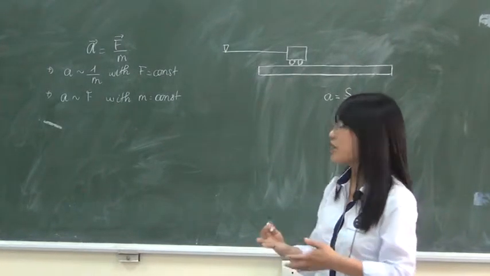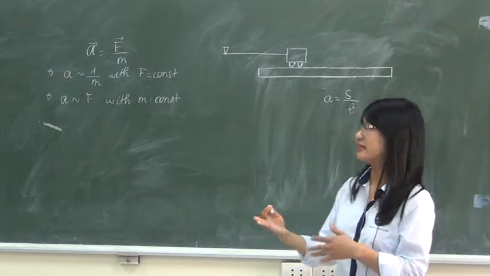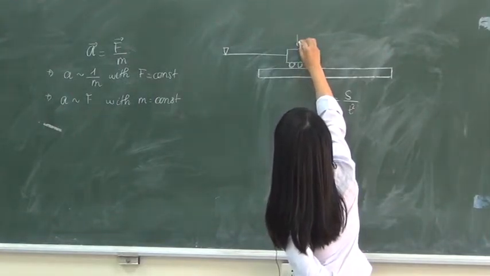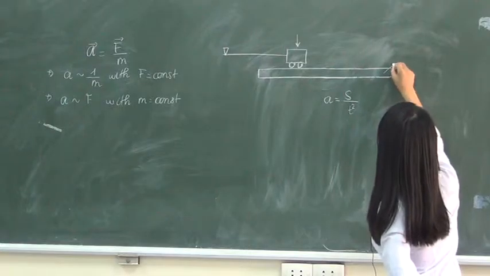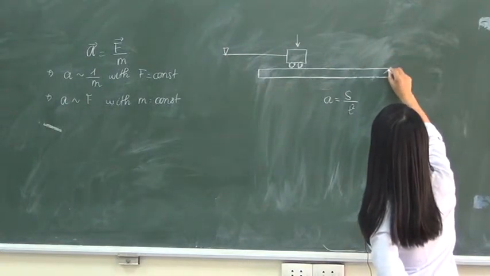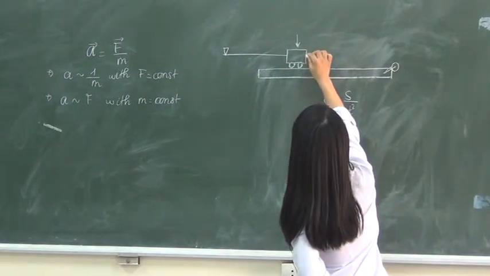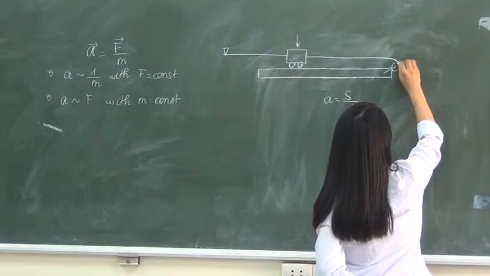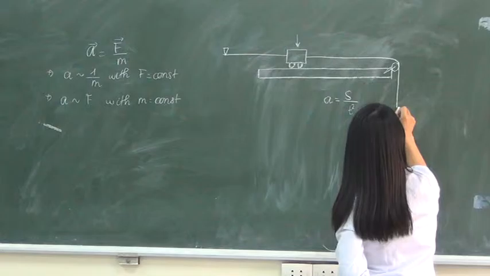But how we can change the mass of the object? It's easily. We add an object on the cord. We can use a pulley. Attaching an object on the cord will fall freely.